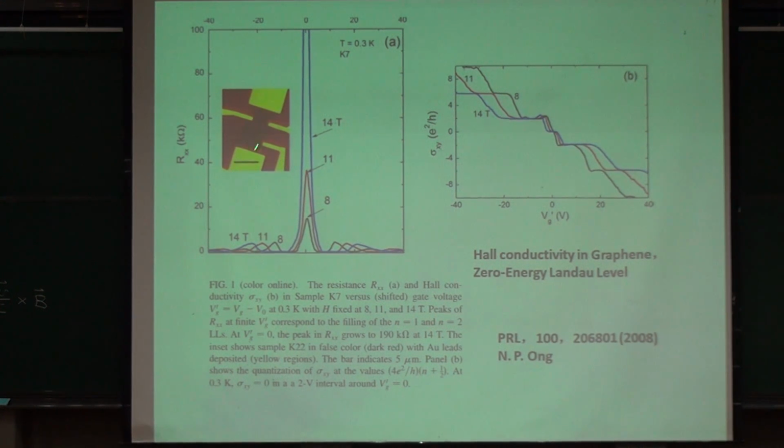So here is the sample. You have a current pass through these two contacts, and then you have a voltage drop here. So Rxx is just this. It's just normal, not a non-local resistance. When you do the quantum Hall effect, it's just a normal 4 probe or 6 probe measurement.